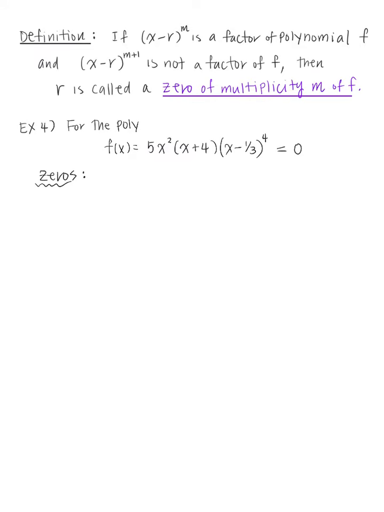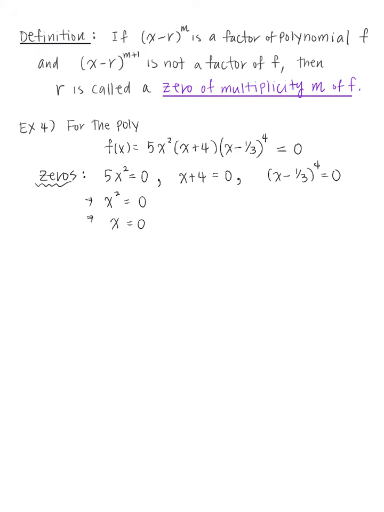That means you set each term equal to 0. So step by step, 5x squared is 0, x plus 4 is 0, and x minus 1/3 to the 4th has to be 0. So that implies that x squared is 0 over 5, which is 0, so x is 0.